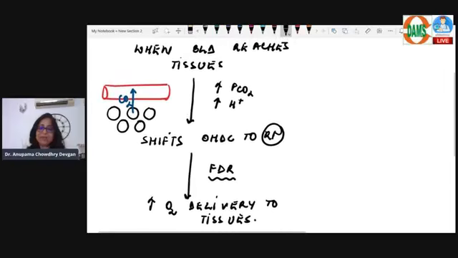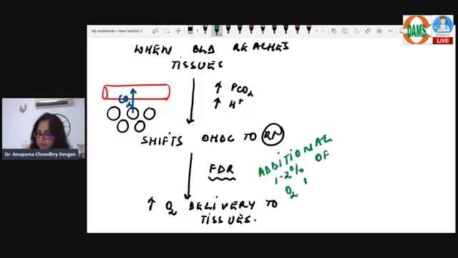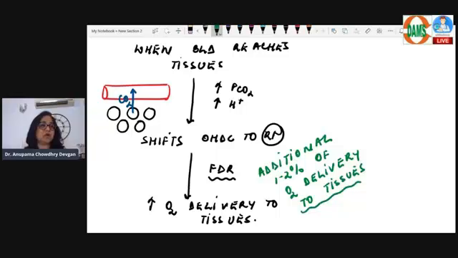But you must remember, this Bohr's effect is not the main reason for oxygen delivery to the tissues. It is responsible for only an additional 1 to 2% of oxygen delivery to the tissues. So what is the main reason?